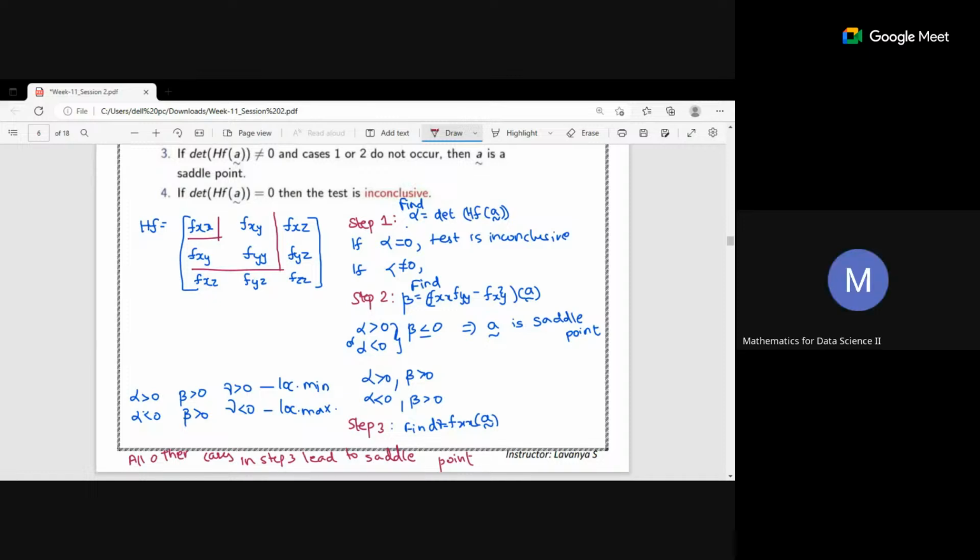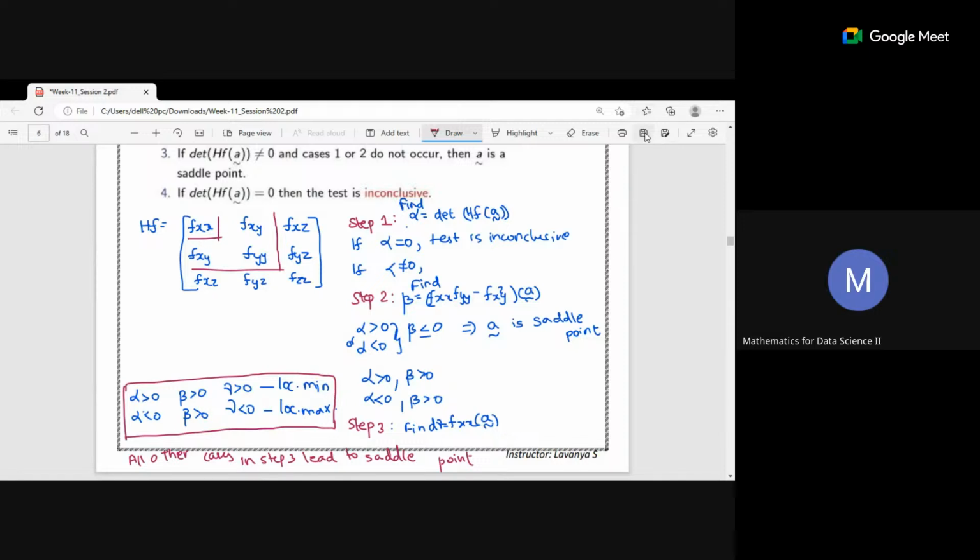In the same way, if alpha is negative and gamma is positive, again it is a saddle point. So only this particular combination gives a local maximum or minimum, and all other combinations give only a saddle point whenever the determinant is non-zero. Only these two conditions are going to give you a local minimum or maximum. Any other combination of alpha, beta, gamma is going to give you only a saddle point.